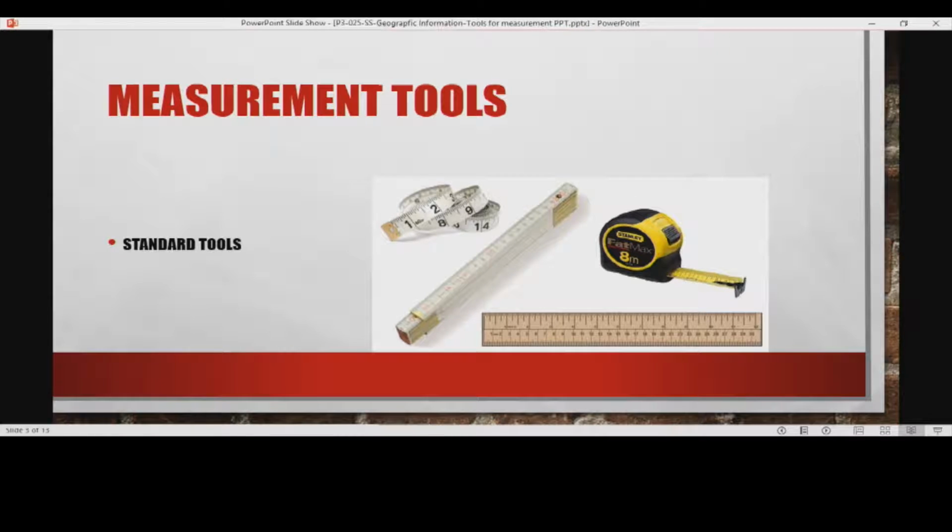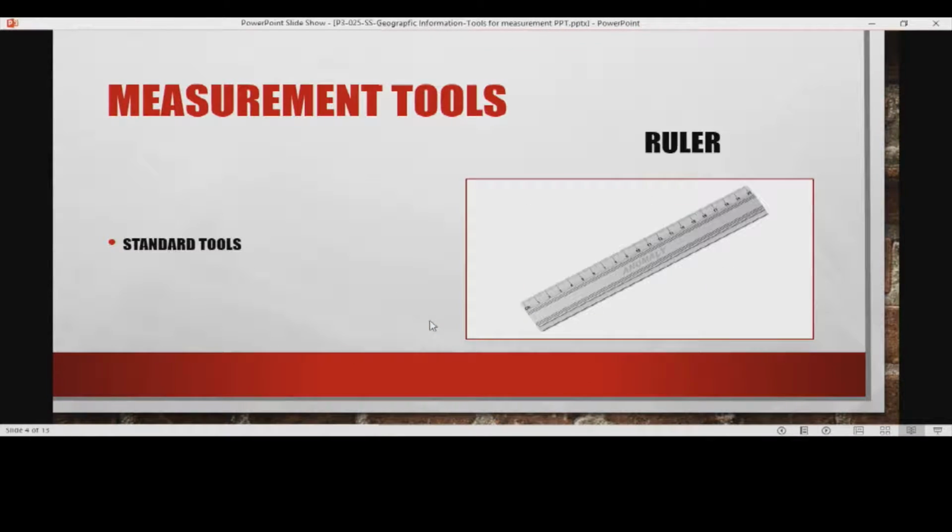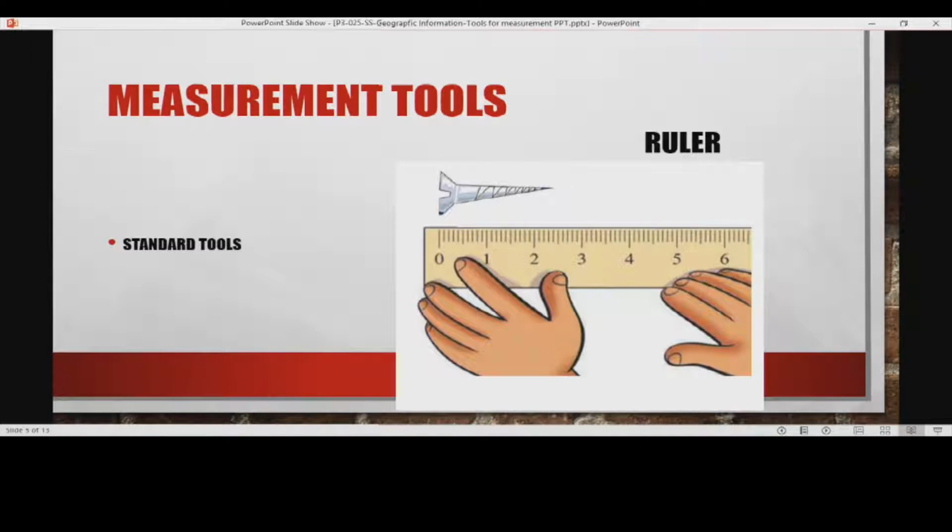So measurement tools. Let's have a look at some standard tools. We have measuring tape, ruler, measuring stick. Ruler is used to measure small objects.